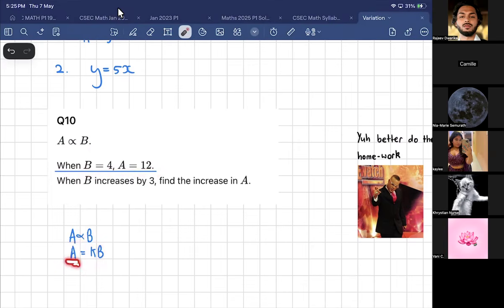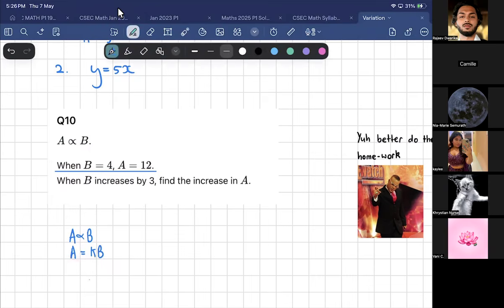A is 12. So that is now known because we know what a is. Do I have the value for k? No, so you'll find k. Exactly. Do I know what b is? Yes, b is 4. So the only unknown there is k. Good.